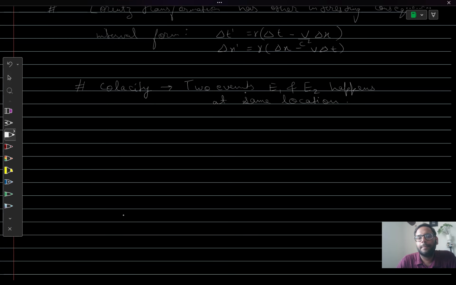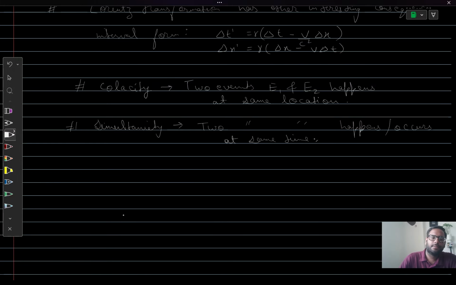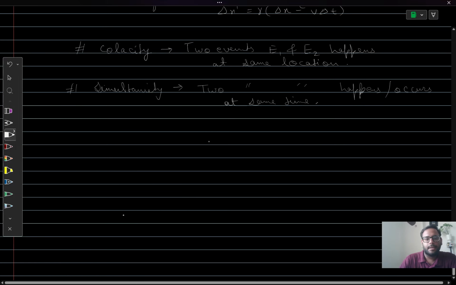Two events happen at the same location. And simultaneity means that two events, E1 and E2, happen or occur at the same time. That is simultaneity.